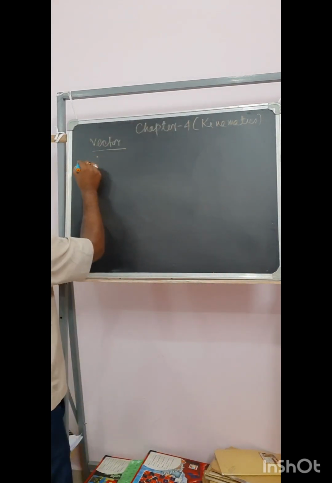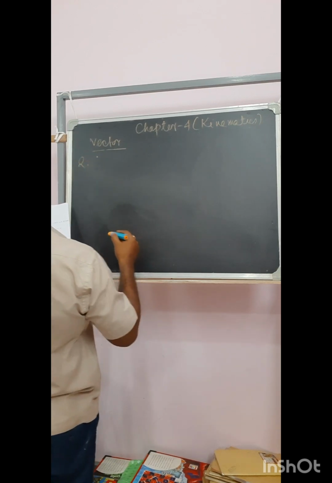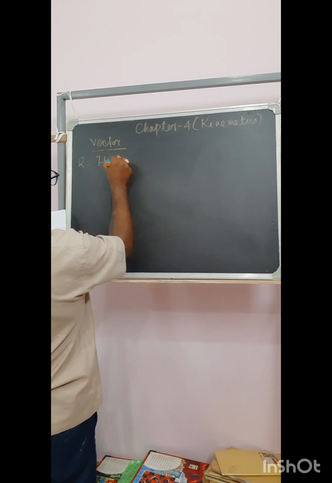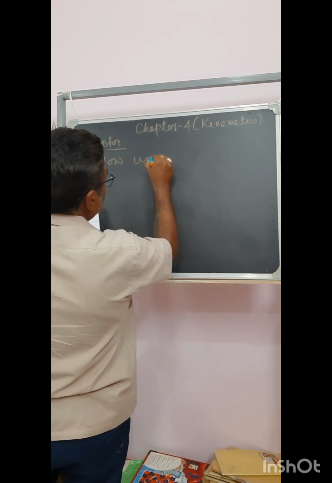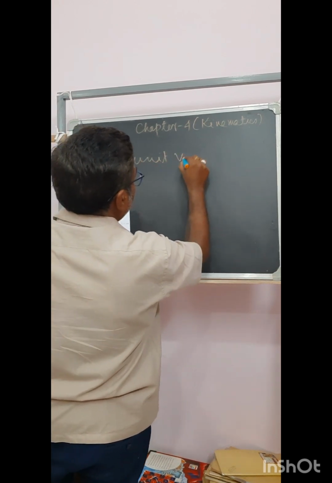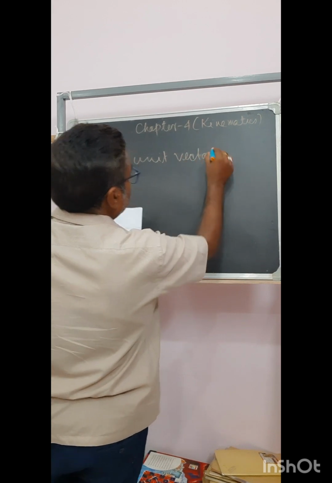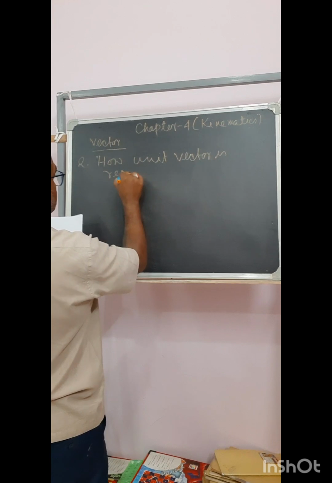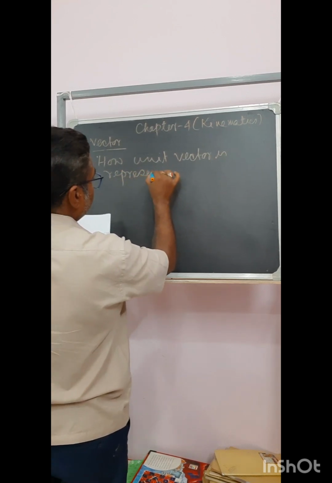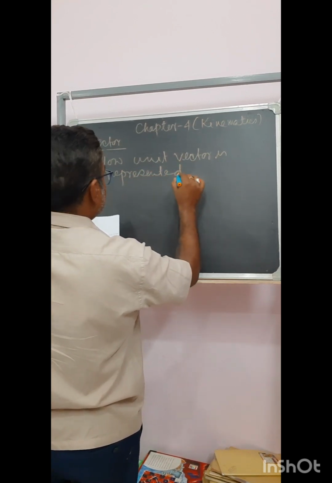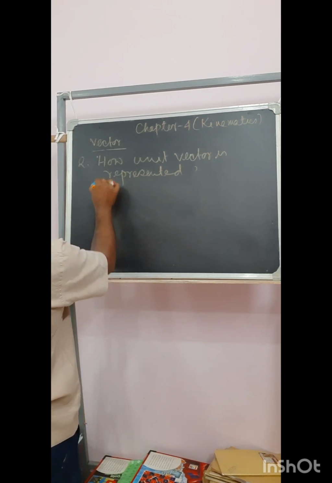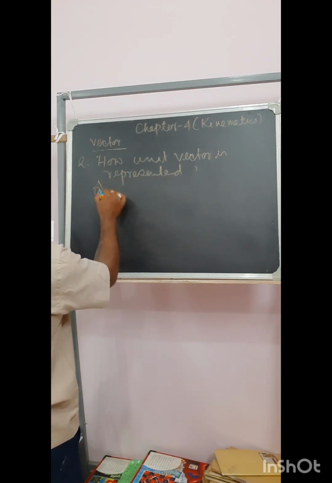Problem number 2. How is a unit vector represented? So there are some choices, we have to choose among the choices given.